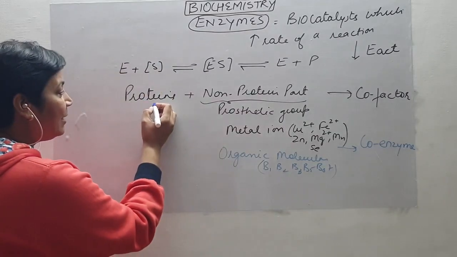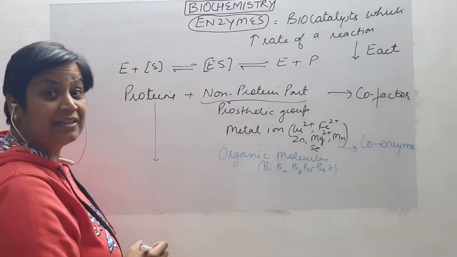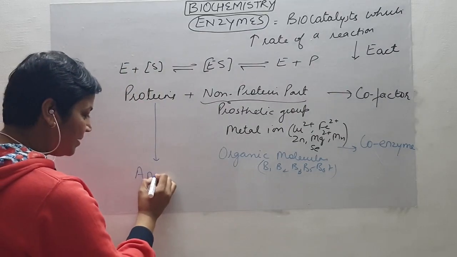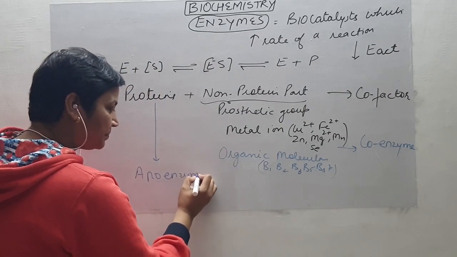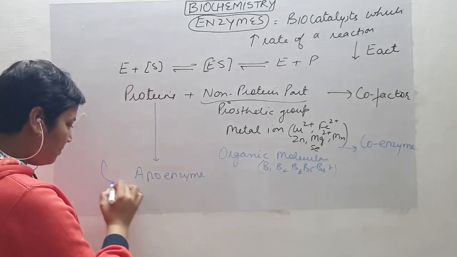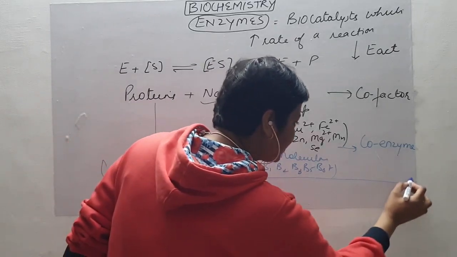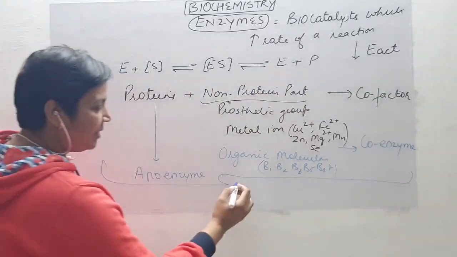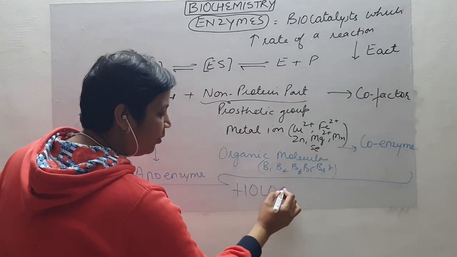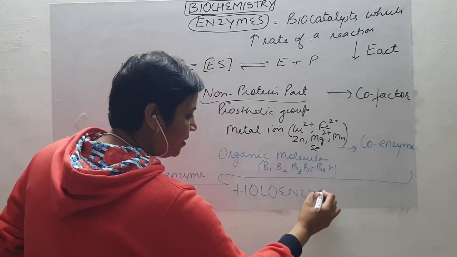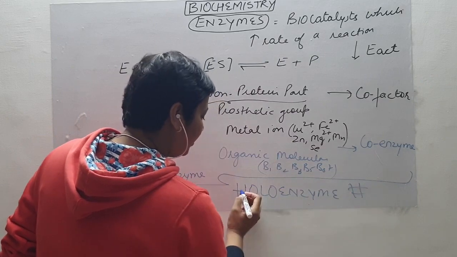Just the protein part of the enzyme is apoenzyme, but apoenzyme plus cofactor or coenzyme is known as the holoenzyme. Again, very, very important.